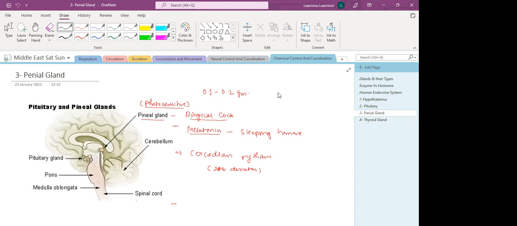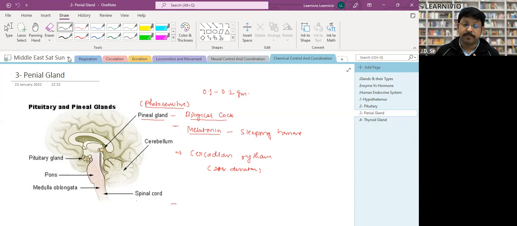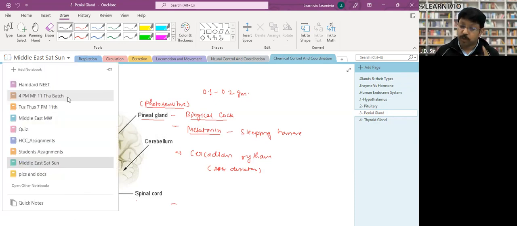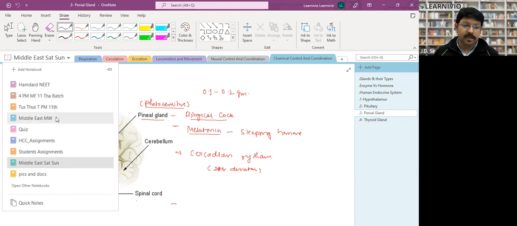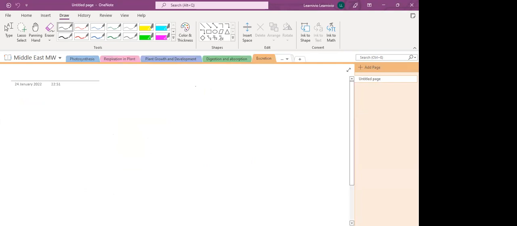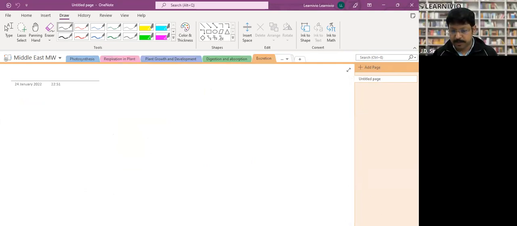Clear? Okay, sir. In this batch, you have to coordinate with Niskarji and join. If you want to complete, you will definitely complete before your examination. Then come to your own batch. In your batch, I will complete the excretory system on 26th, and on 31st I will start locomotion.